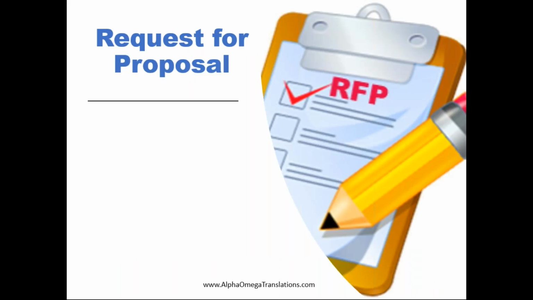Okay, so now let's talk about the RFP. The RFP, the request for proposal, needs to have a structure. So it shouldn't be more than 5 to 10 pages long. And it should also include a non-disclosure agreement, which is also sometimes referred to as an NDA.